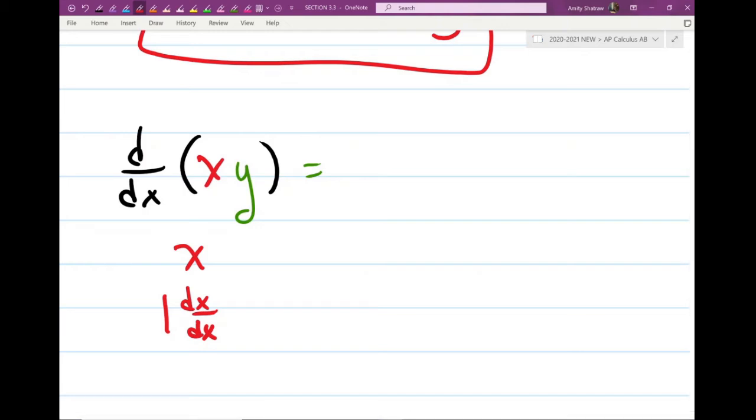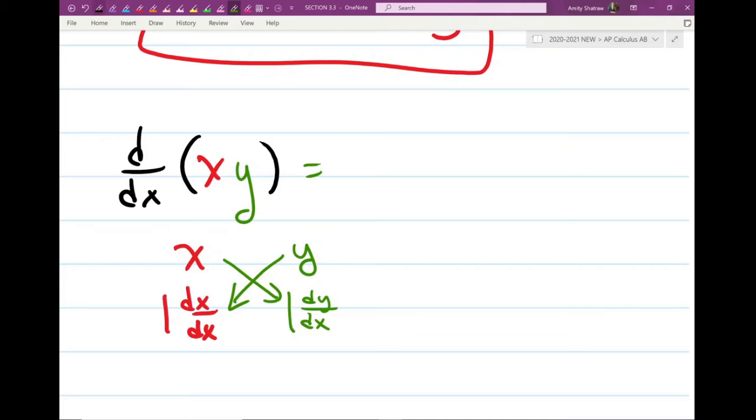So we need to make sure that when we take the derivative of something that we get that dy dx. So here's my y, and when I take the derivative of it, I get 1, and here's my dy dx. Okay, do you see now why I insist on using this dx notation and the dy dx notation? Is so that I will never forget that to be able to find that y prime. That's the thing that I'm solving for.